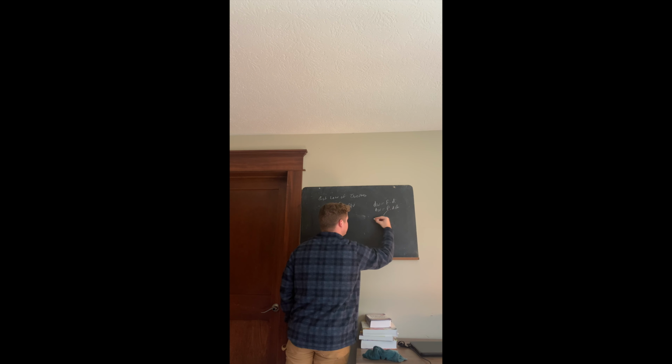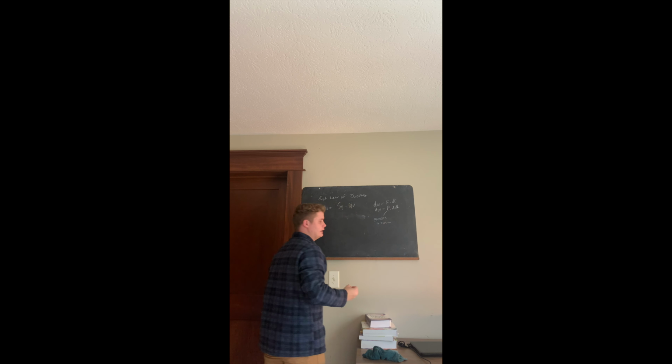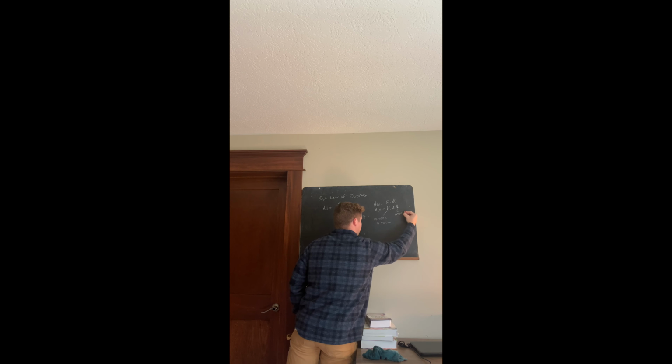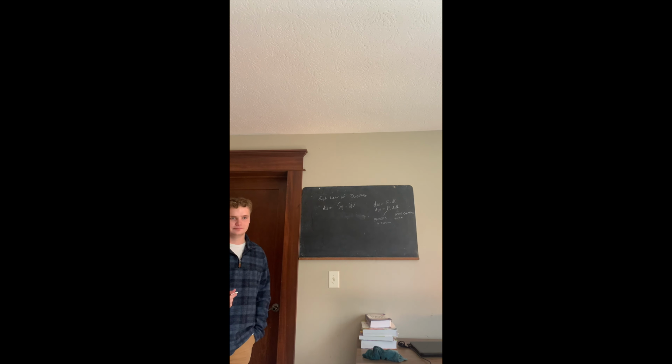P is the pressure in the system, and then A is the cross-sectional area of the container. Okay? So now we have that.